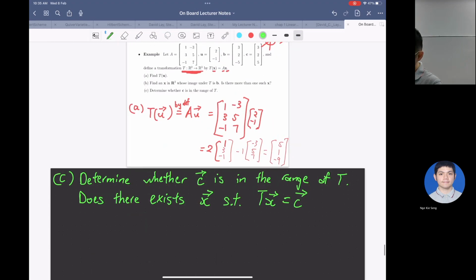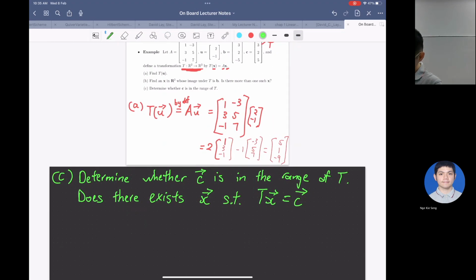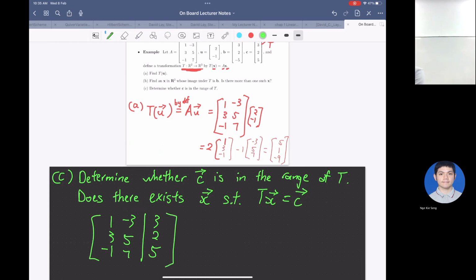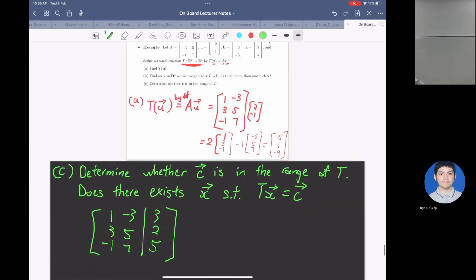So I need to solve this. Try to solve this augmented matrix. Can you find an x such that Tx equals C?